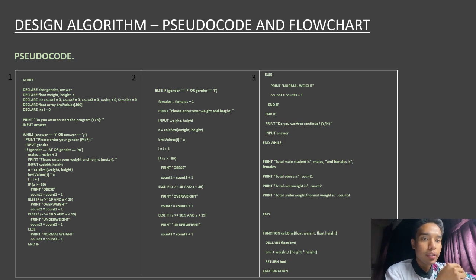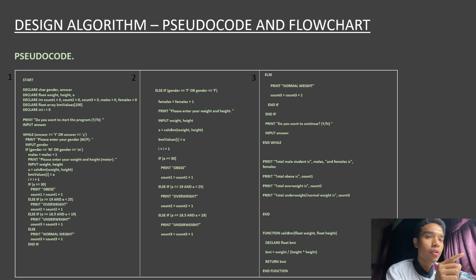If BMI is equal to or greater than 80.5 and A is less than 19, it displays underweight and continues to the next loop. If the BMI value is not included in these sets, it displays normal weight and continues to the next loop.